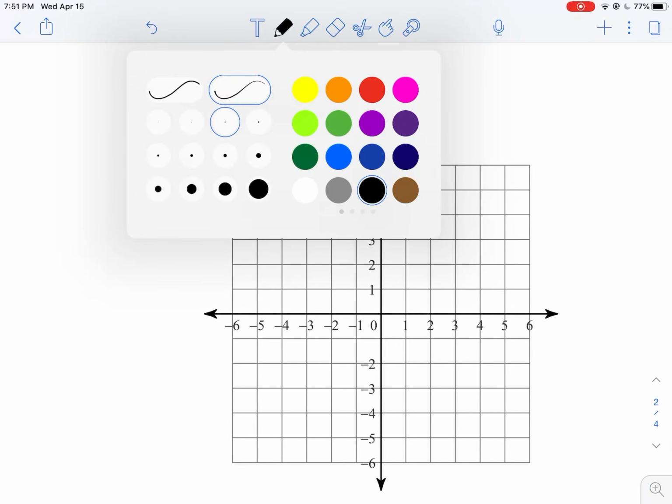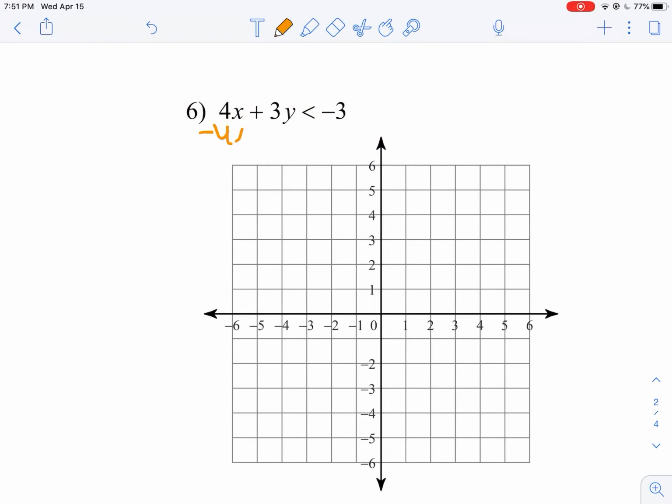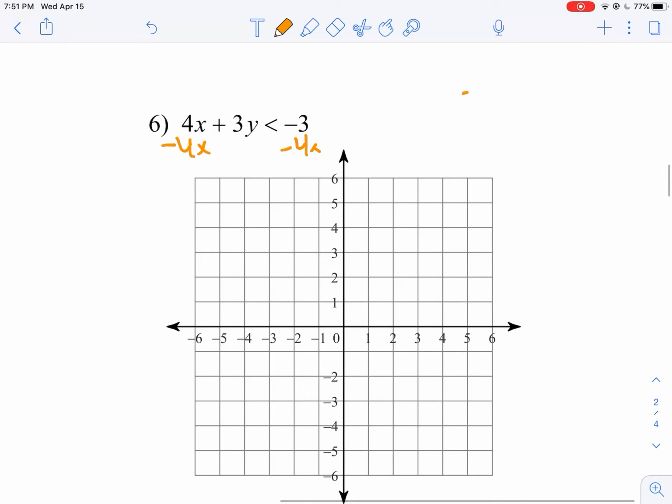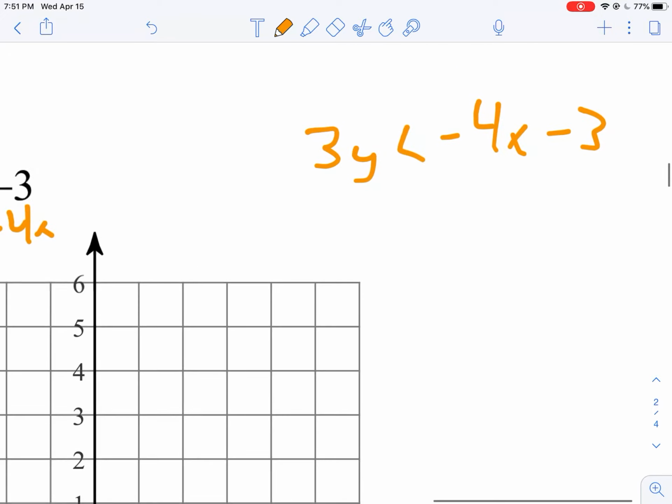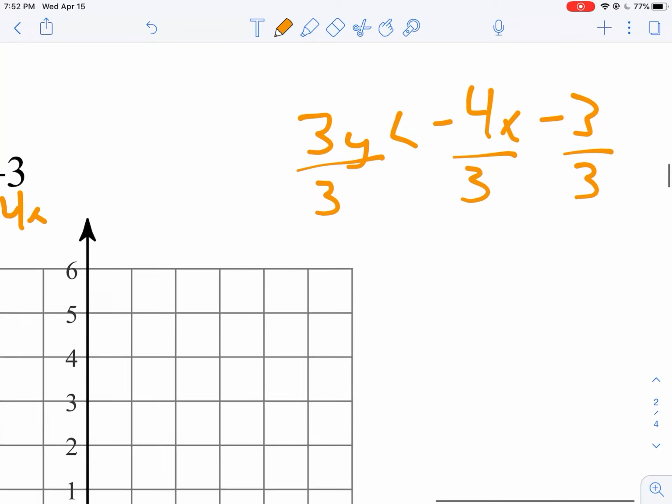First step, let's go ahead and get rid of the x term. Remember, I'm solving for y here. I want it to be y and then the inequality. So it's going to be 3y is less than negative 4x minus 3. And then I'm going to divide by whatever's in front of my y, which is a 3.